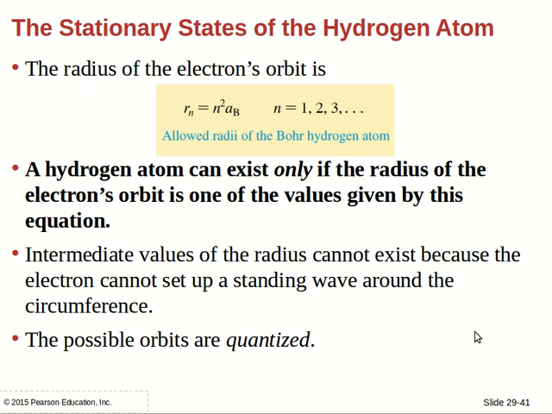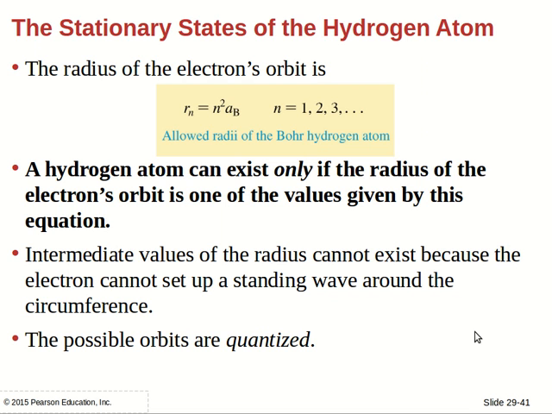The stationary states of the hydrogen atom therefore have particular radii which are equal to n squared times the Bohr radius, where n is 1, 2, 3, and onward. n is an integer, and the radii that the electron in the hydrogen atom is allowed to adopt are n squared times this fundamental radius.